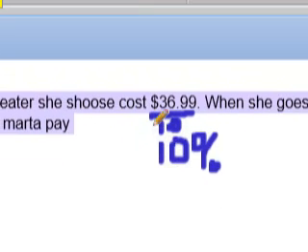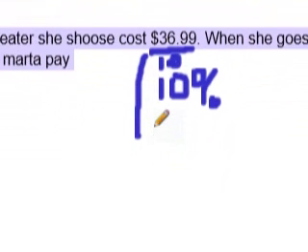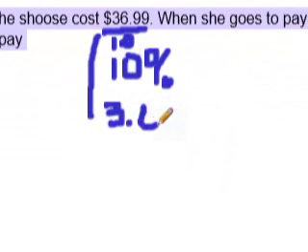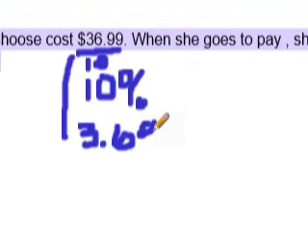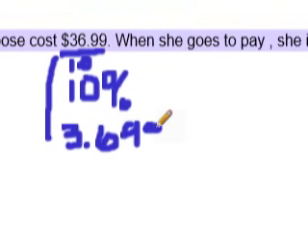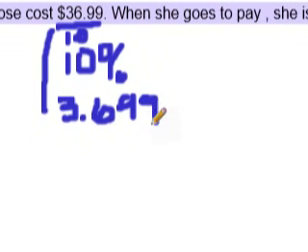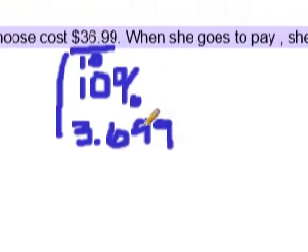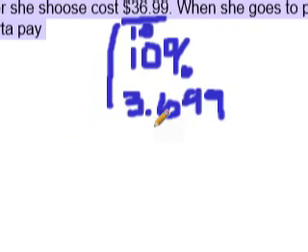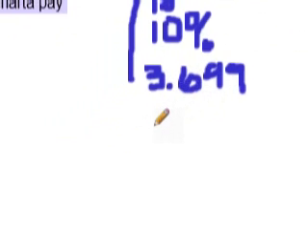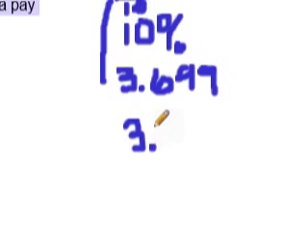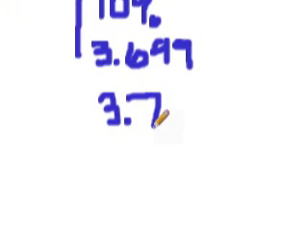So for 10%, we have 3.699. That's 10%. We can approximate this as $3.70.